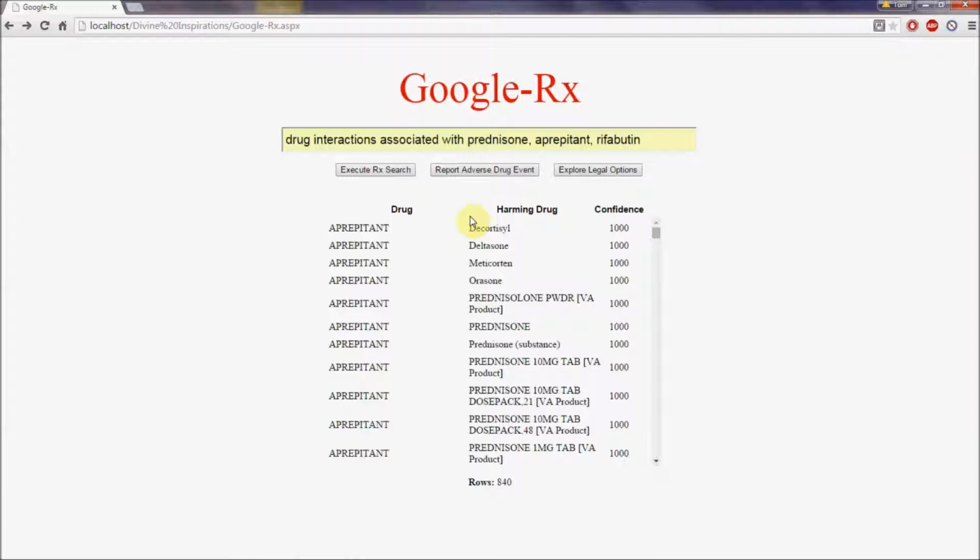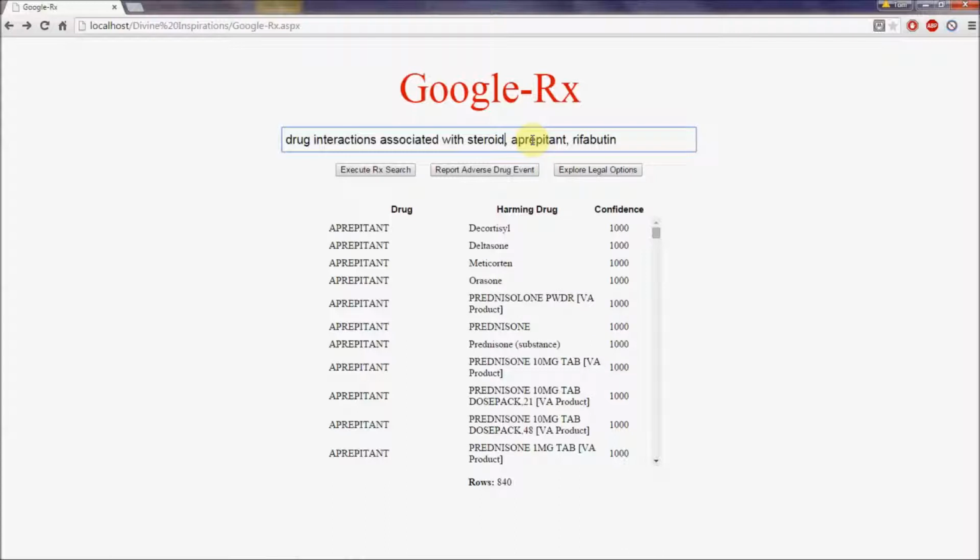Let's make the following modification. Prednisone is an instance of a class of drugs called steroids. Let's replace prednisone with steroid. Aprepitant is an instance of a class of drugs known as oxazines.